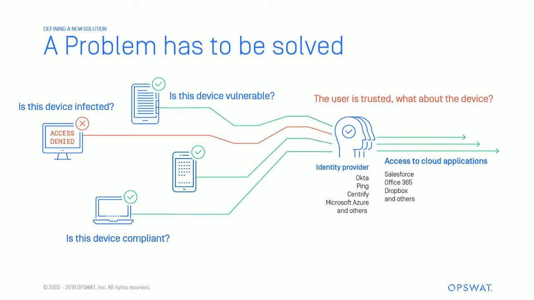So before I dive into the definition of the solution, I would like to first highlight again what the problem is that we're trying to solve here. Again, this is not the first time you see this diagram.